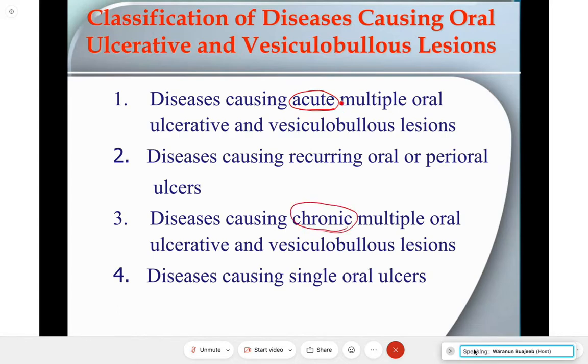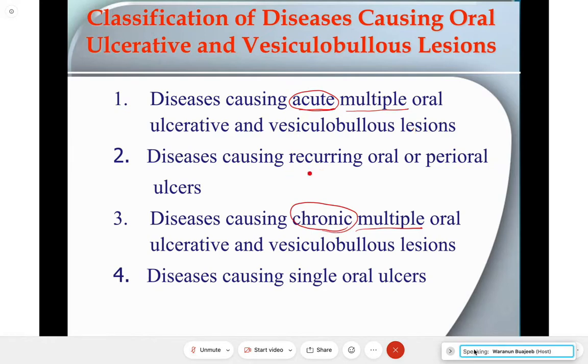But all of these are with multiple lesions, acute presenting less than 3 weeks, more than 3 weeks, and they are multiple.